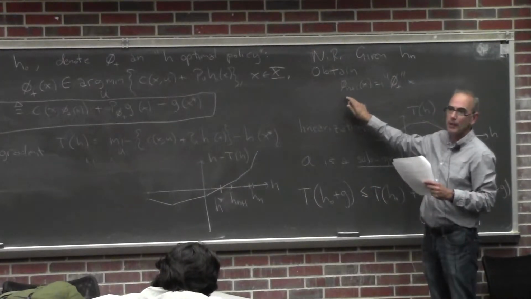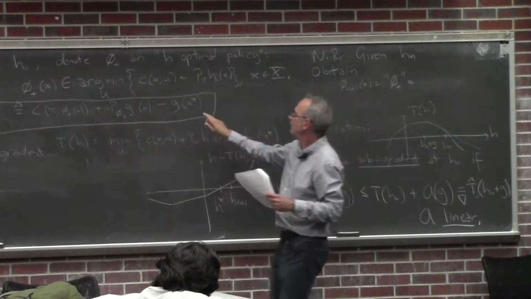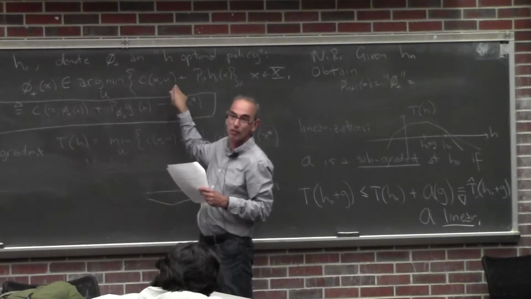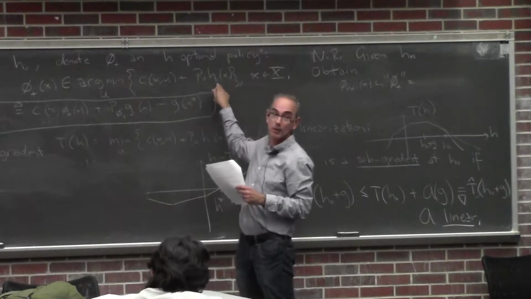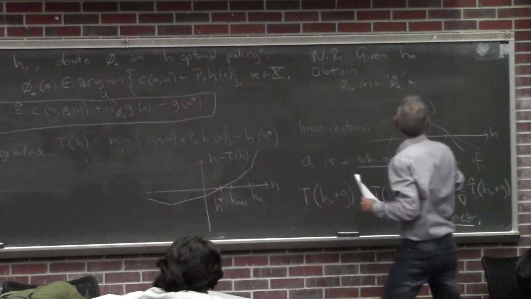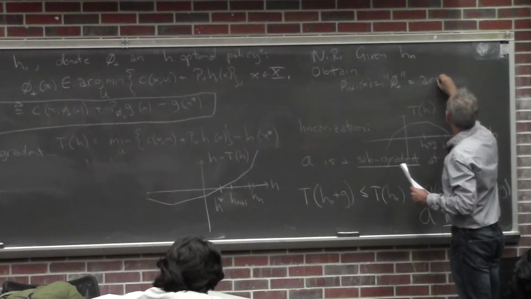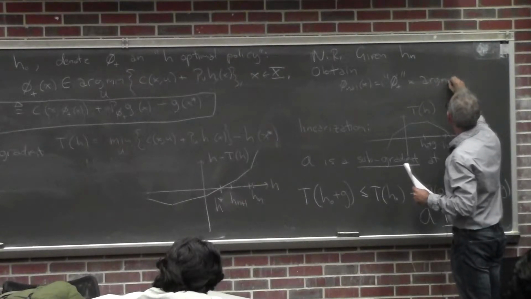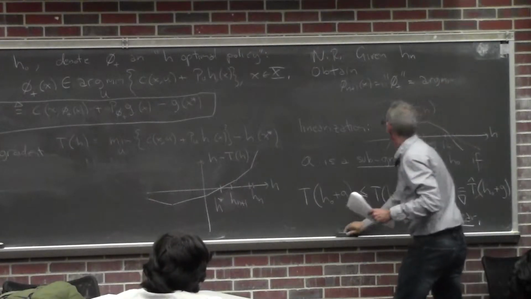So I'll denote phi n plus 1 of x to be the phi plus I get with this, with h0 replaced by hn.